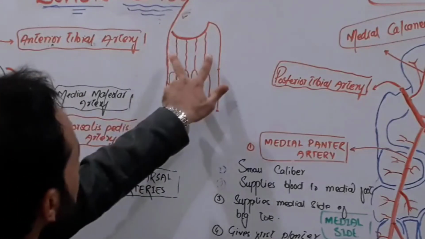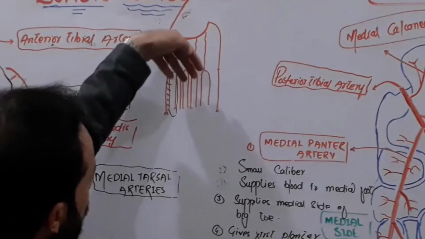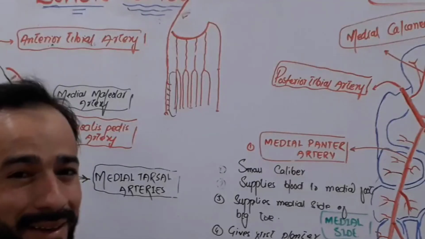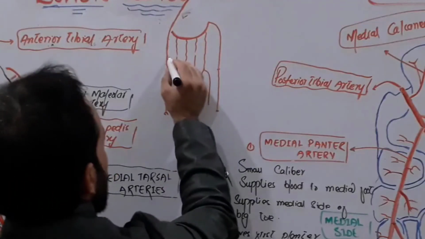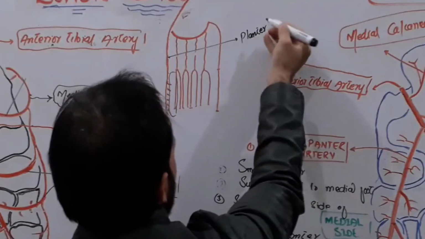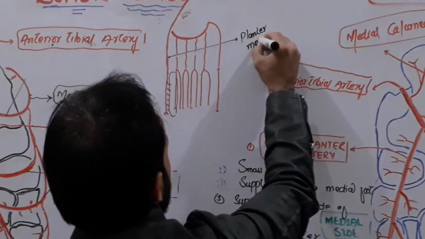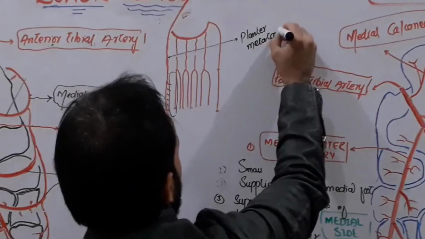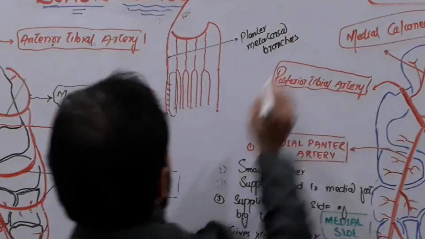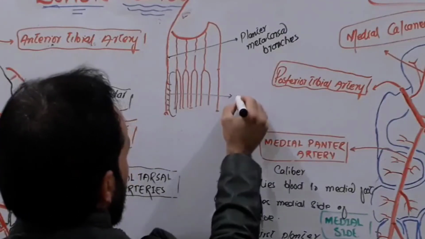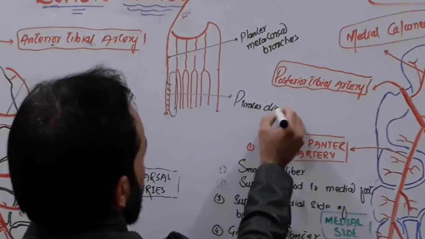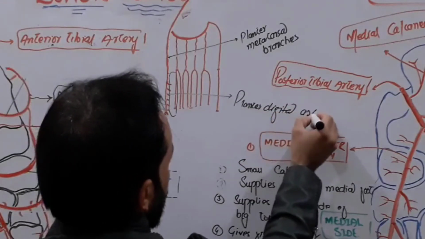So in between, these four metatarsal branches are responsible to give further two branches to the plantar digital arteries. So these are called our plantar metatarsal branches. Clear? And these are our plantar digital arteries.